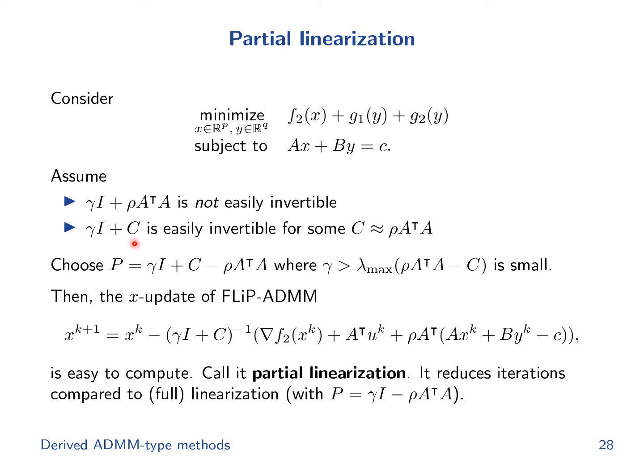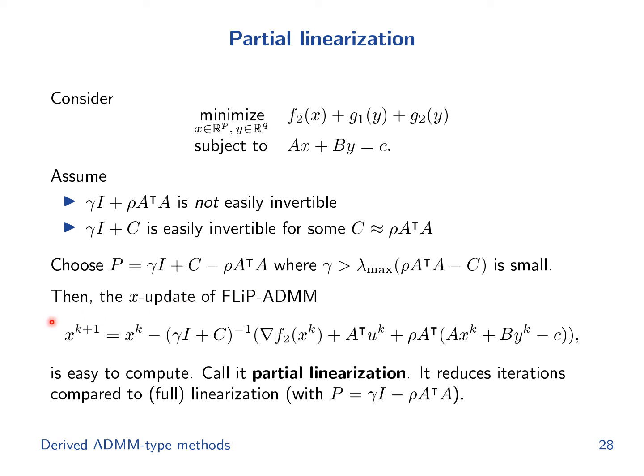However, there exists a matrix C that's close to but different from rho A transpose A, and this matrix is easy to invert. Under this assumption, we can choose a P matrix, which is gamma identity plus C minus rho A transpose A, and choose a gamma such that this P matrix is positive definite. Because these two matrices are similar, gamma can be pretty small.